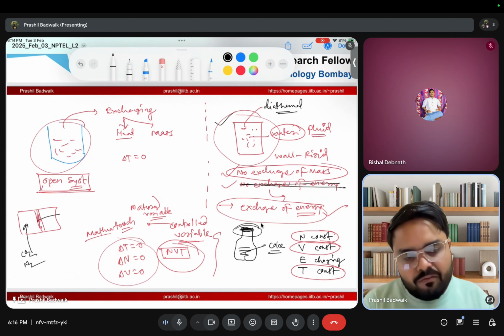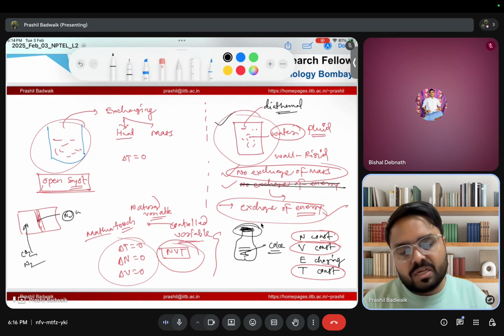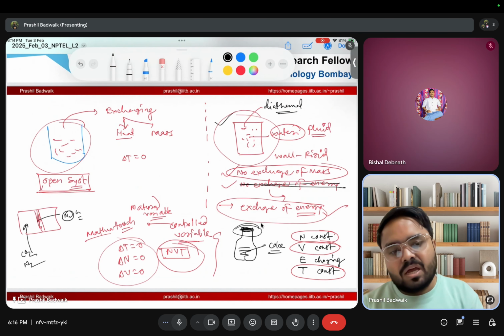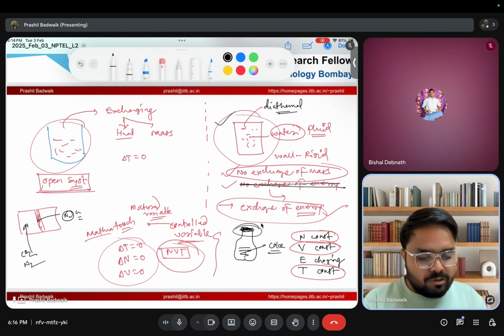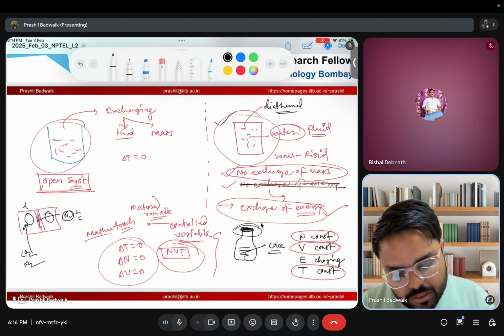This membrane is allowing one kind of molecule, for example nitrogen or CO2, to pass. What will happen? There will be exchange of molecules from this compartment to this compartment, until the chemical potential is constant.